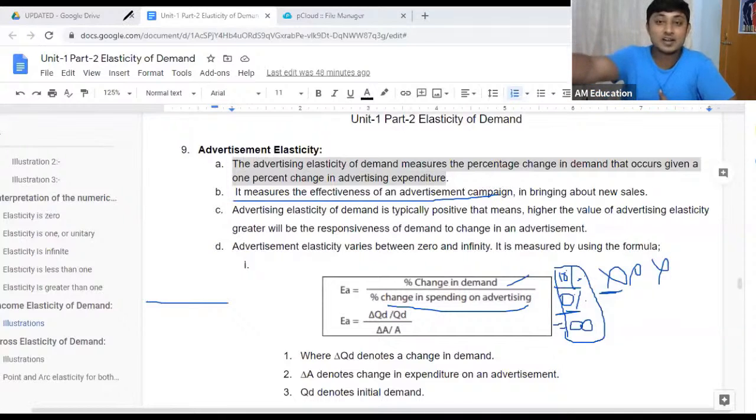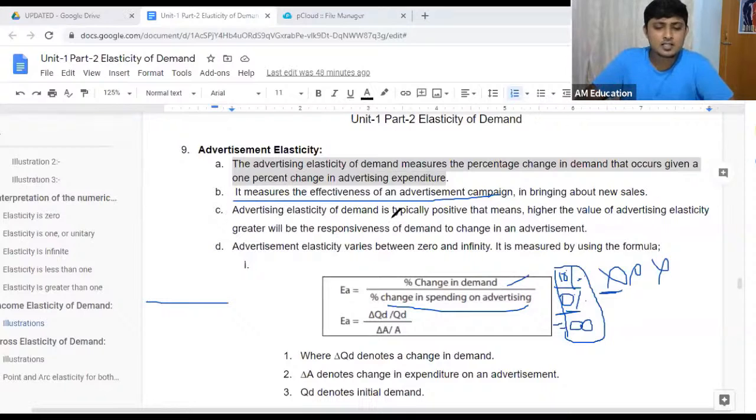When we are paying 10 crore rupees to the advertisement agency, we see, I gave you 10 crore rupees, and how much is the change in the demand? 5%, right? So that's how you see the effectiveness of that advertisement campaign in bringing about new sales.